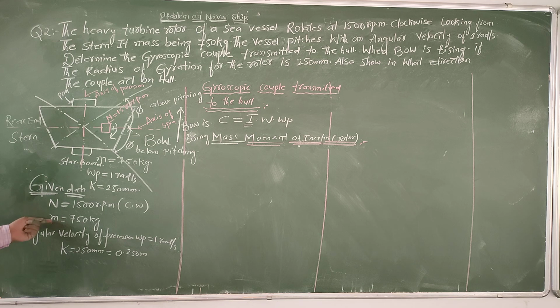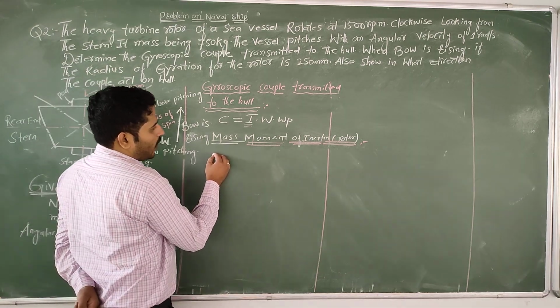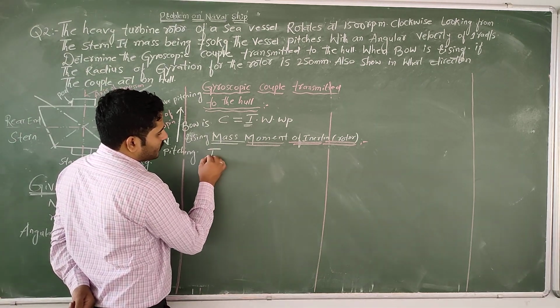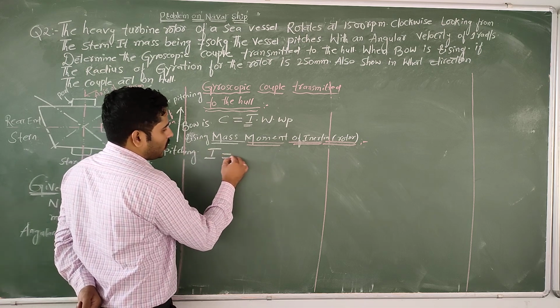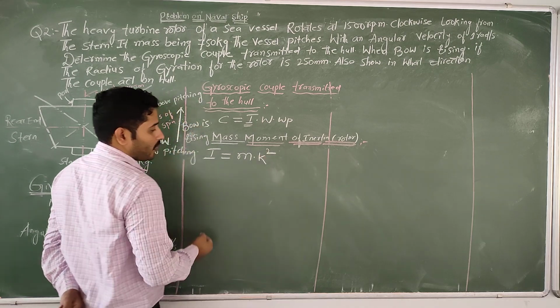Because mass is given and radius of gyration is given, we can use the formula I equal to mass into k square. The mass moment of inertia is represented by I equal to mass into k whole square.